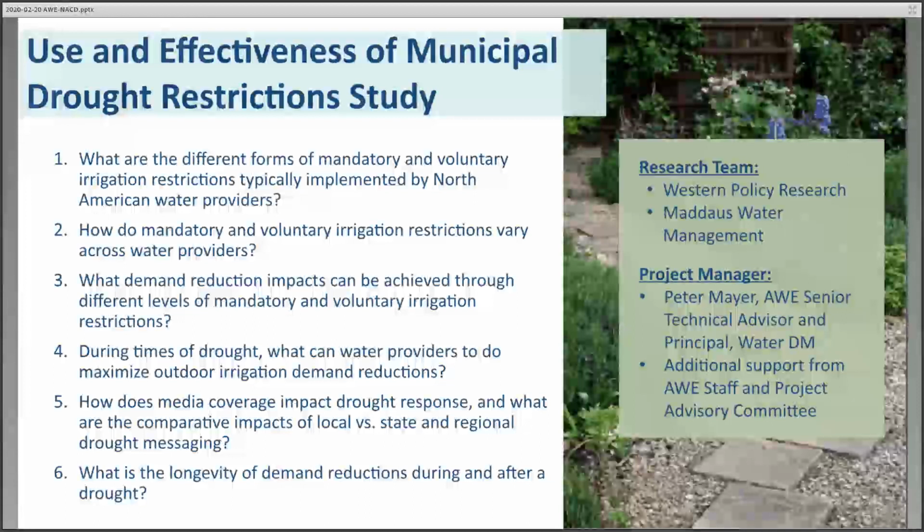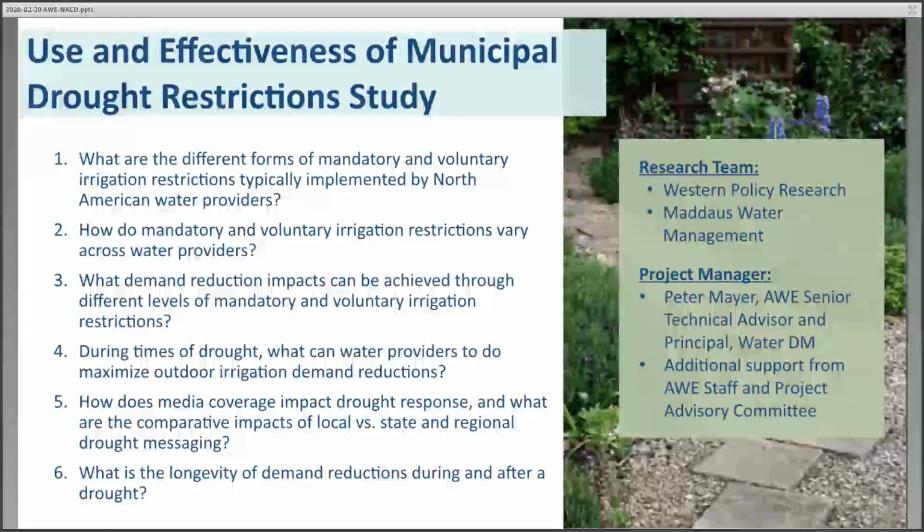There are some great resources and guidance documents from AWWA, which is the American Water Works Association. They've got a manual that will help you plan for drought, and the National Drought Mitigation Center is a wonderful resource. And there are some other resources about historic drought, but what we put out is, to my knowledge, the largest study of its kind.